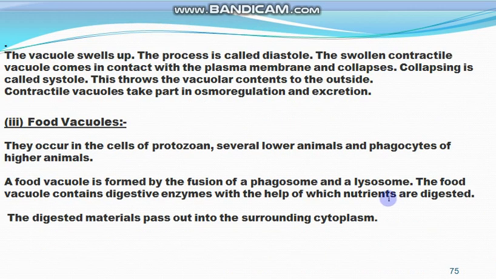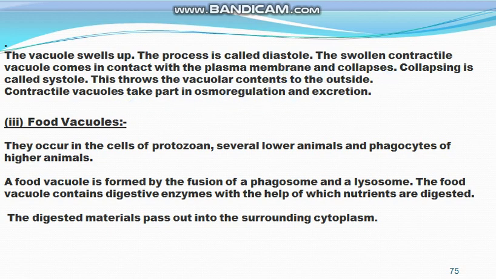Then the vacuole swells up, and this process is known as diastole. The vacuole swells up because of the water and the waste products. And this swollen contractile vacuole comes in contact with the plasma membrane of the cell, and then it collapses, and collapsing is known as systole.